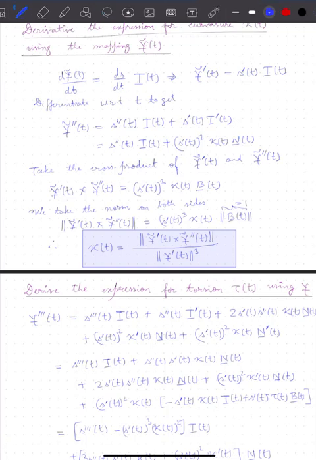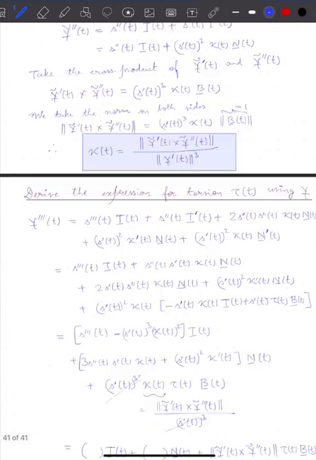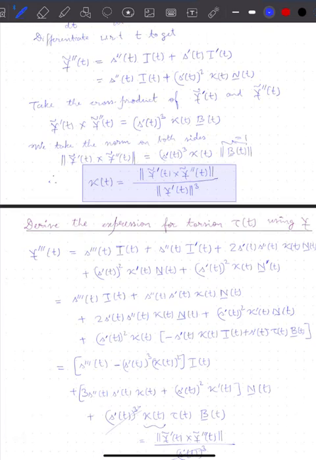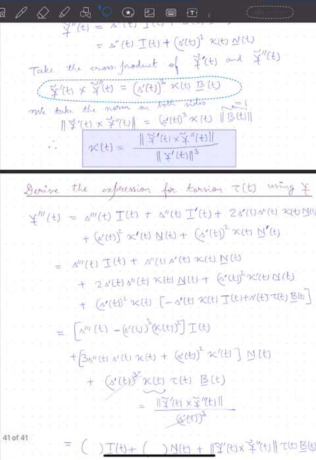So what happens here is, let's take the dot product of this with respect to this.